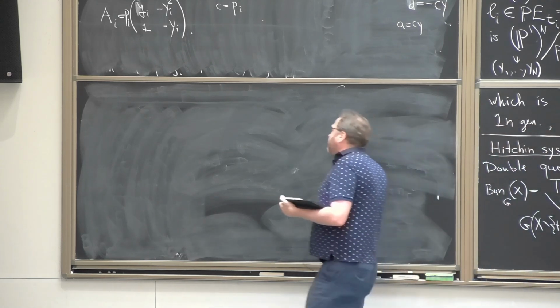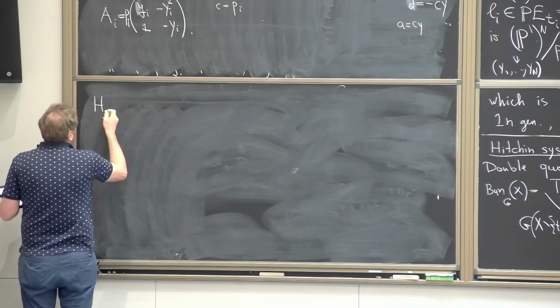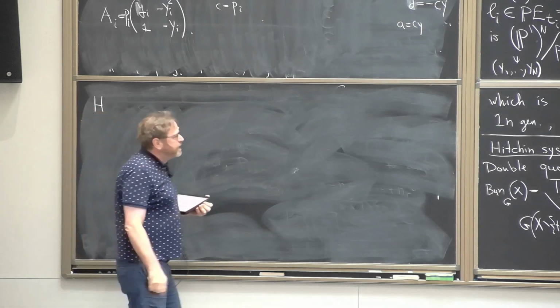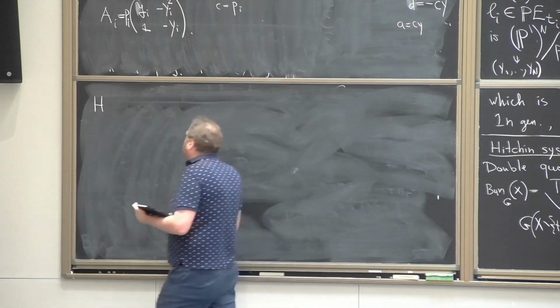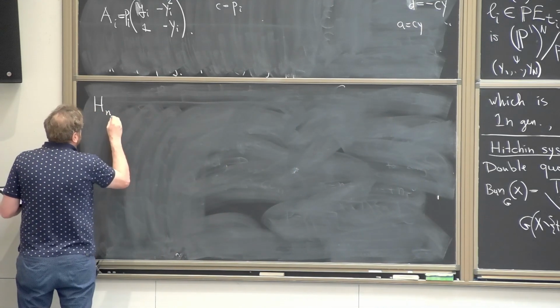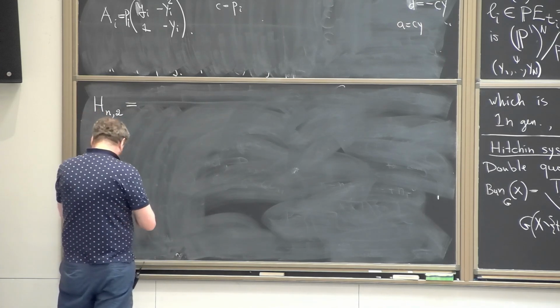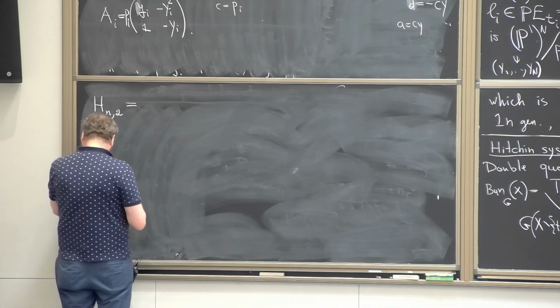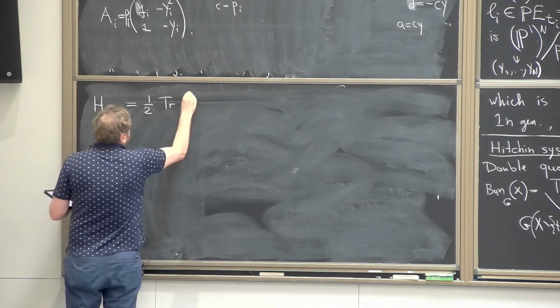All right, so let's compute our Hitchin Hamiltonians. In this case, we only have quadratic ones, right? Because we have PGL2. So we have H_2, which is, let me write, 1/2 of the trace of phi squared.